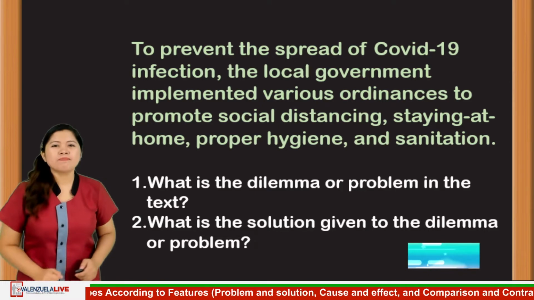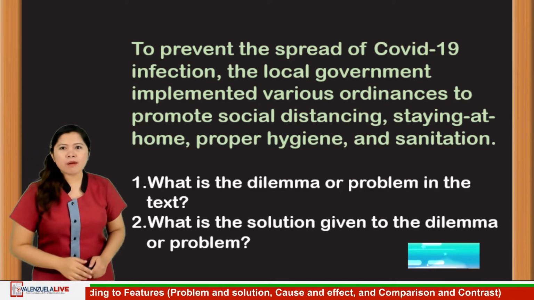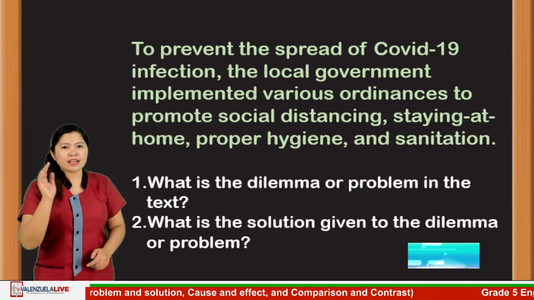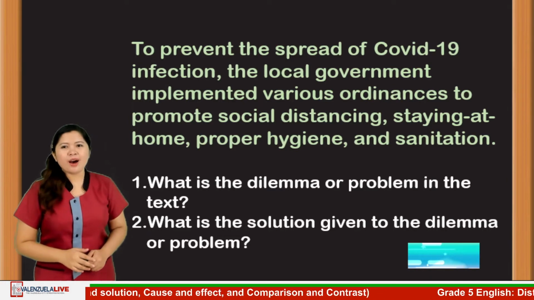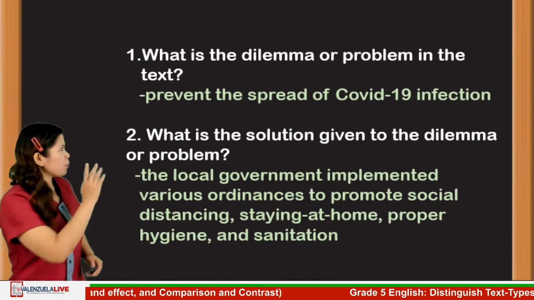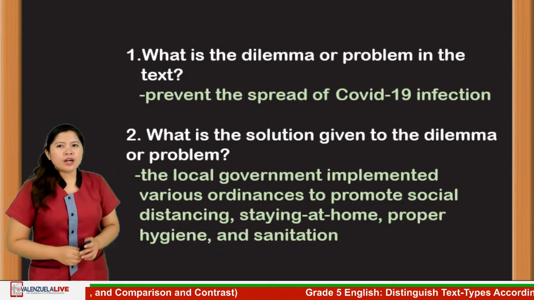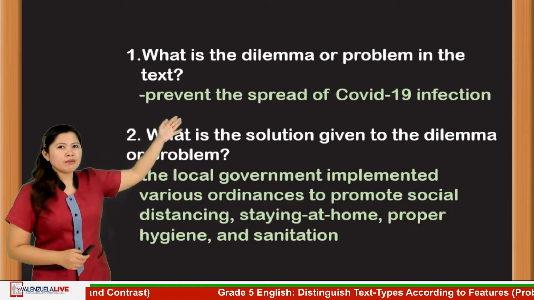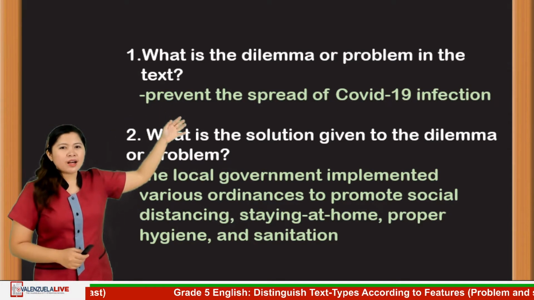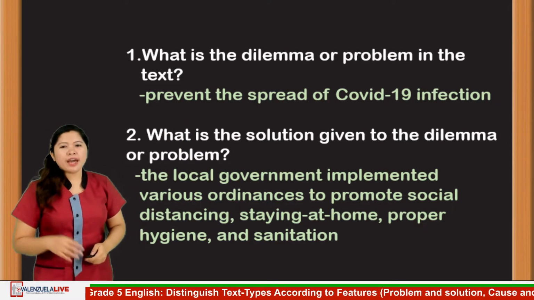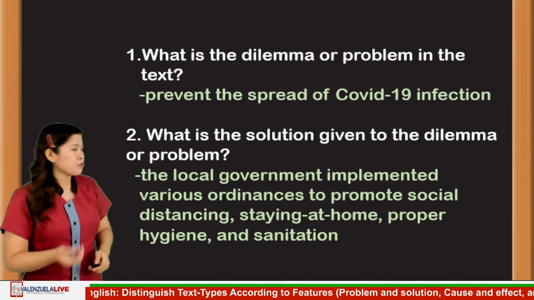Alright, time is up. Let us see what is the problem and the solution given in the text that categorizes it as a problem and solution text. Okay, so let us see the answers. Okay, so for question number 1, what is the dilemma or problem in the text? So the problem is to prevent the spread of COVID-19 infection. Okay? And what is the answer for question number 2?